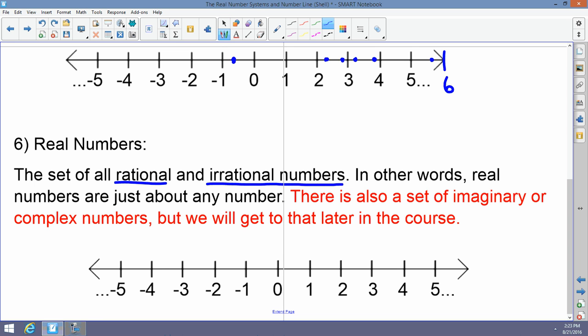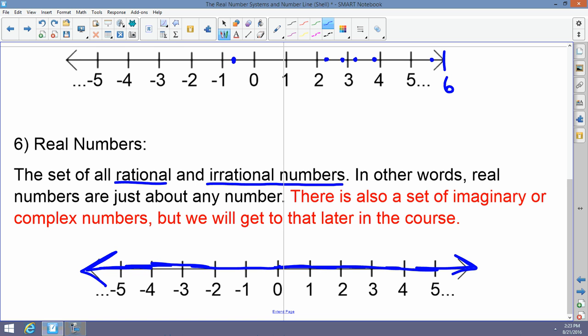But when you graph all real numbers on a number line, it's pretty simple because it encompasses all of the number line. Any value on the number line is a real number.